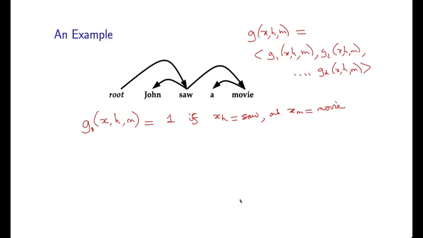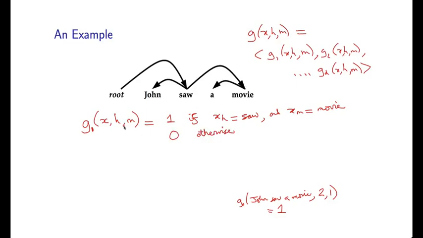Okay, so in particular we would have g1 of John saw a movie, and if we have 2, 1 as the dependency, so that's this particular dependency here, this is going to be 1 in this case. Okay, so this particular function, this particular feature, looks at the 2 words that stand in some dependency relationship between xh and xm and returns 1 if they're a particular word, 0 otherwise.